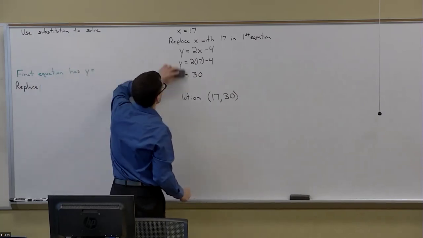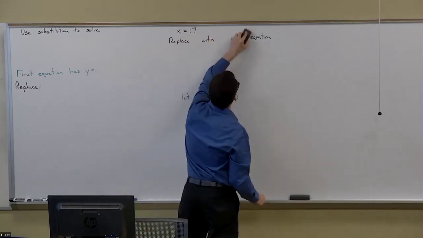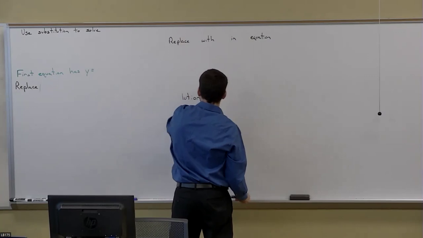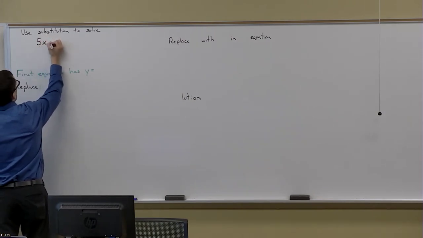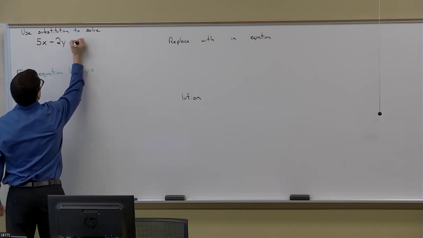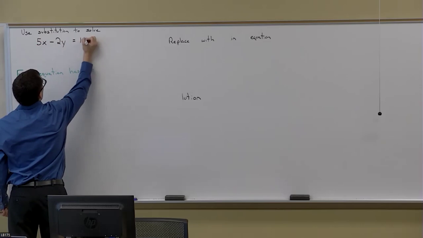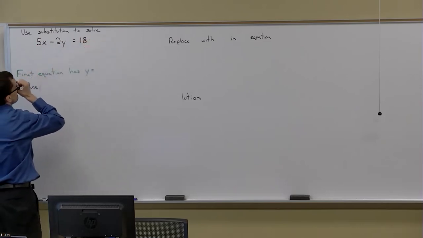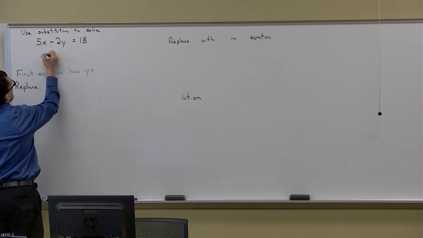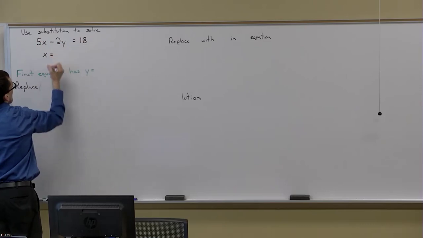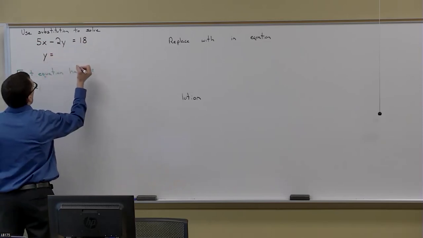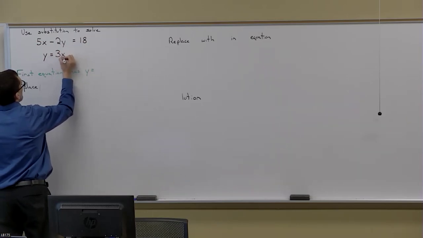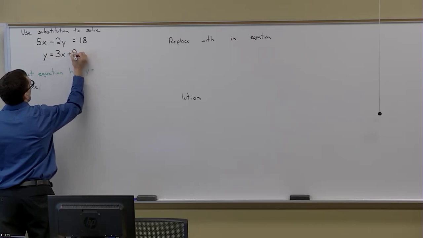Let's do one other. Let's say I have 5x minus 2y equals 18 and, actually, no, let me do y equals again, sorry. y equals 3x plus 9.